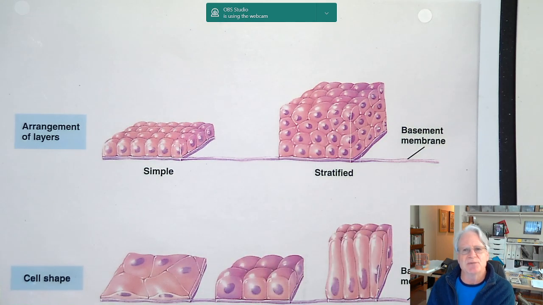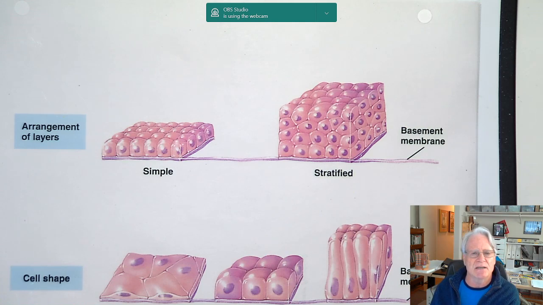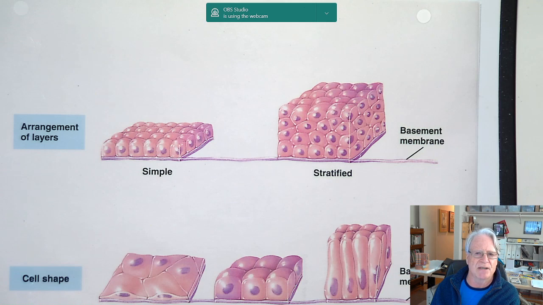So I think I've mentioned this before. One thing to keep in mind as you're looking at this tissue and trying to figure out whether you've got simple or stratified is that stratified is very seldom just two layers of cells. If you're going to have multiple layers, it's going to be more than 2: 3, 4, 5, 6, and sometimes many, many more than that, depending on the type of tissue you're looking at.